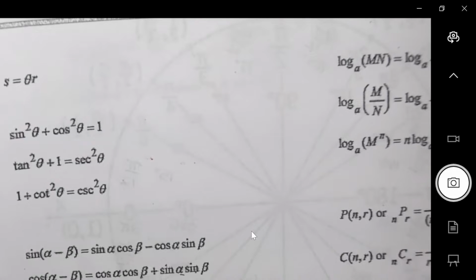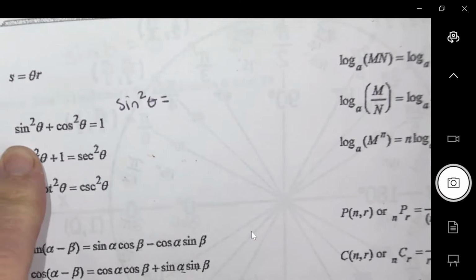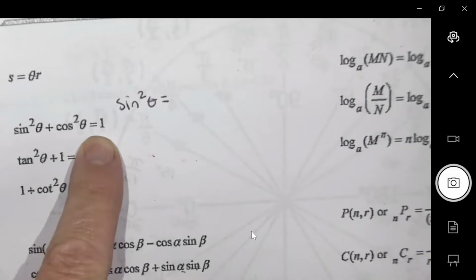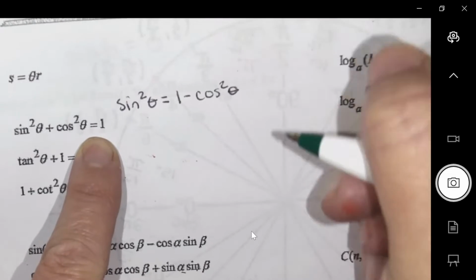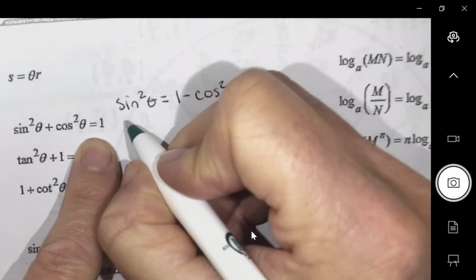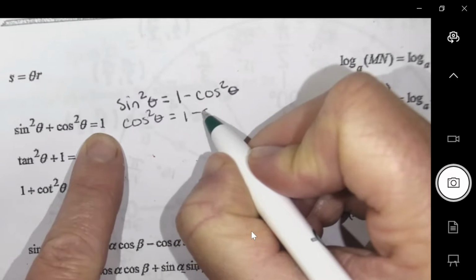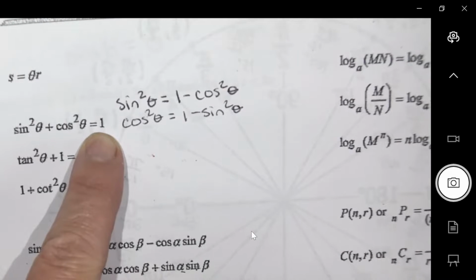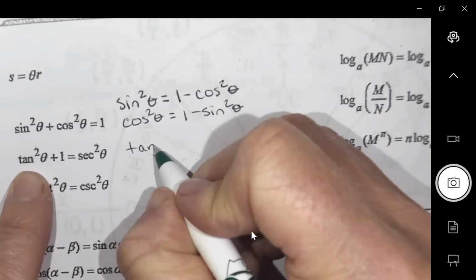Okay, I find that a lot of people write this on their formula sheet. Sine squared theta equals what? How can I just manipulate those around? 1 minus cos squared. While we're at it, do you just want to manipulate these all here? If I want just cos squared, it would be 1 minus sine squared. What if you just wanted tan squared?